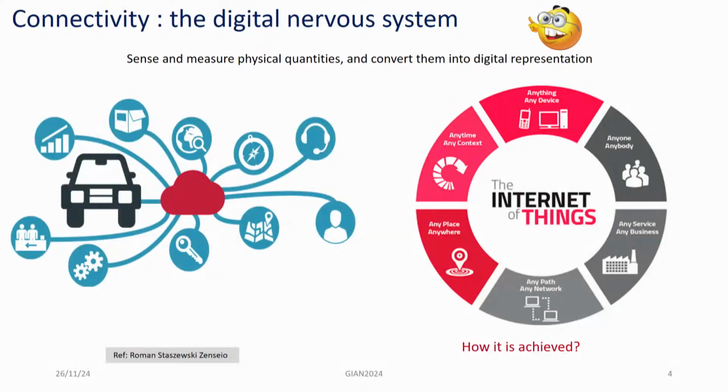So this is how we do it. We connect everything to everything and we create a digital nervous system where everything can communicate with everything. So your car can communicate with your home, your wearable electronic device can communicate with the hospital and your doctor, and many other things, right? So this is how it works.